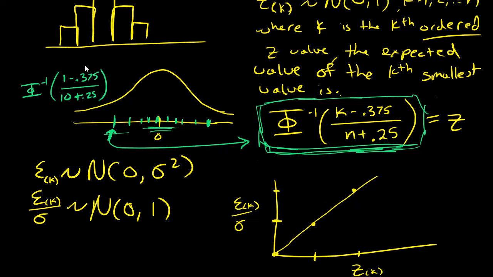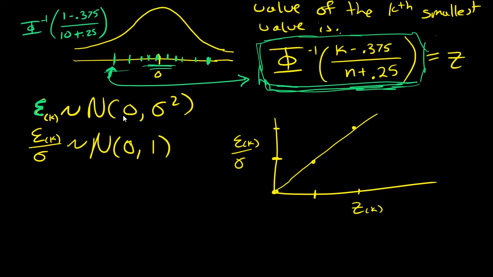Of course, that's a very nice result, but epsilons are not observed. We don't actually see the model error, but what do we see instead? We see the residuals. So I can order my residuals. Now, I do not know what sigma is.